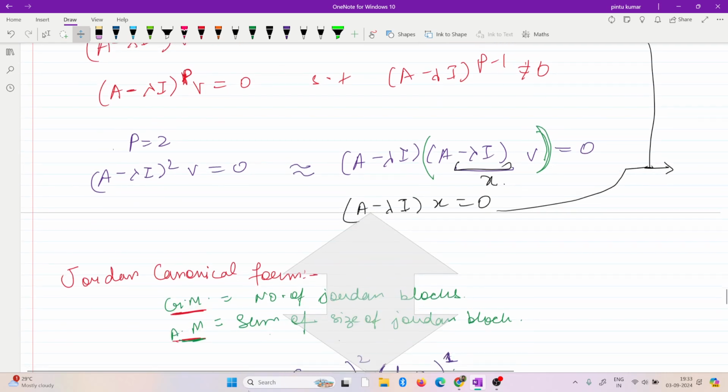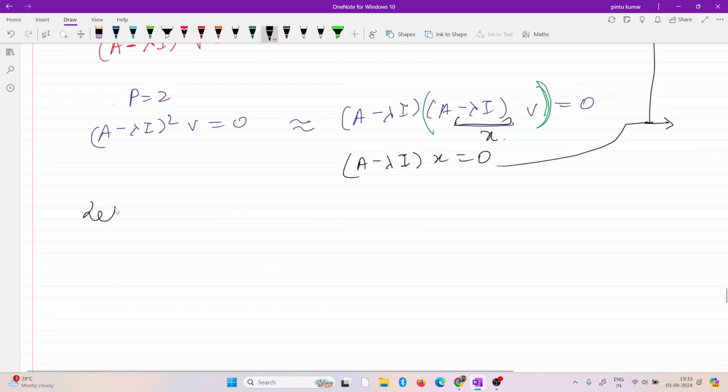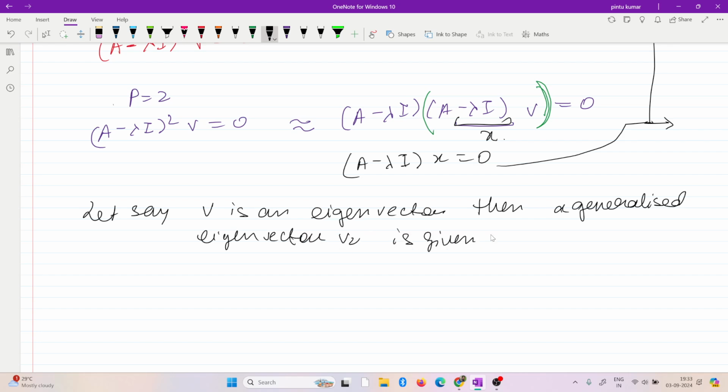So what you want is, let's say v1 is an eigenvector, then a generalized eigenvector v2 is given by (A minus lambda I) v2 is equal to v1.